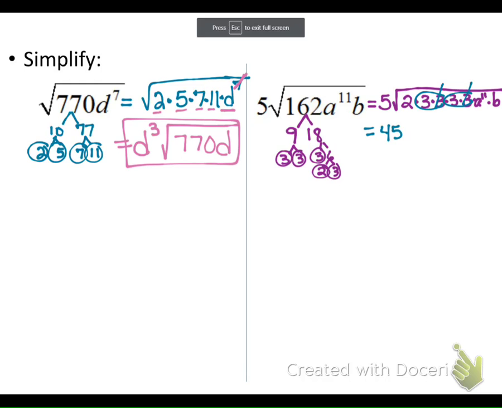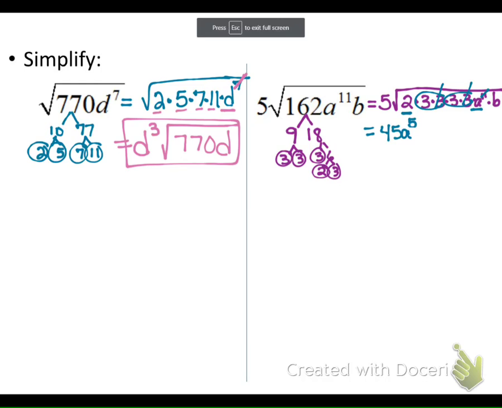So at this point, I know I have the 2 stuck on the inside because I didn't have a factor pair. Then I go to my variable. A to the 11th power, odd or even? Because it's odd, I'm going to underline it because one of those is going to be stuck. So I take 1 off of 11 and I get 10. What's half of 10? 5. So a to the 5th on the outside. Then I go to b.